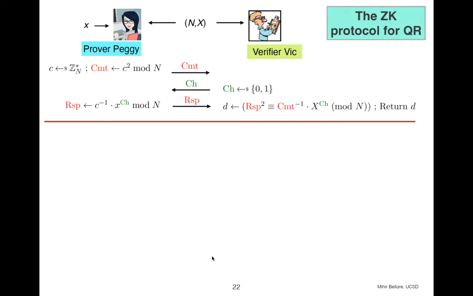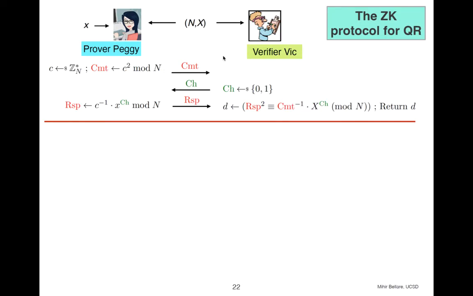Okay, so now we come to the actual protocol. So what Peggy does is she picks a point in Z_n star at random, call it c, and she creates a commitment by squaring that mod n. And that's what she sends over. Now notice that she knows a square root of this, which is just little c, and also notice that it's a random quadratic residue.